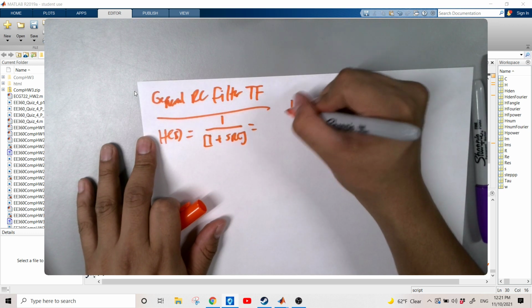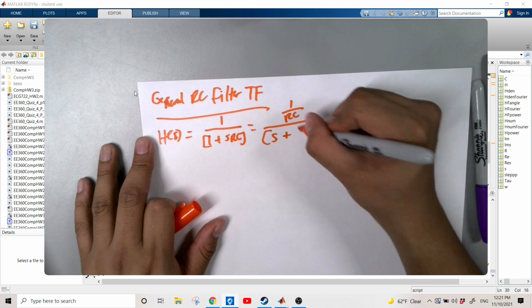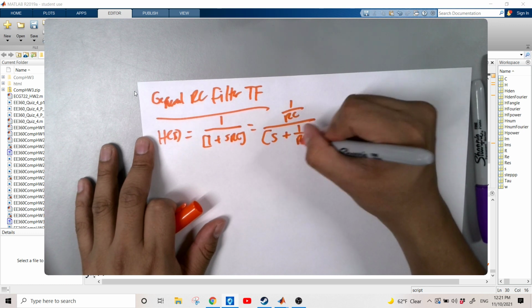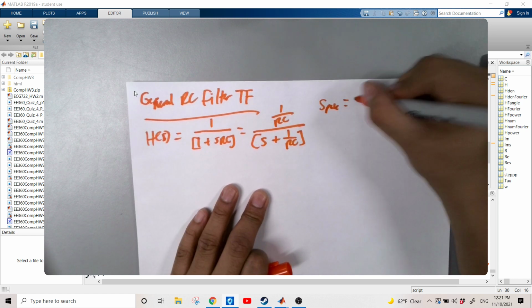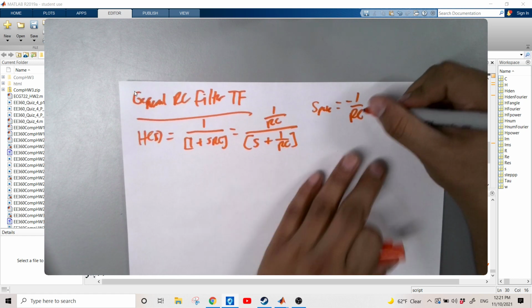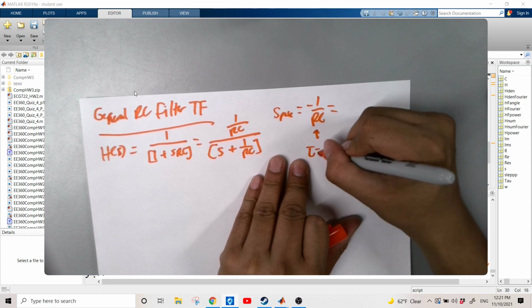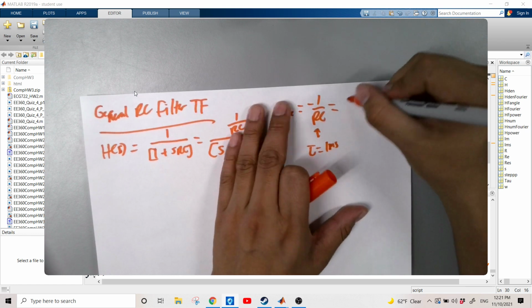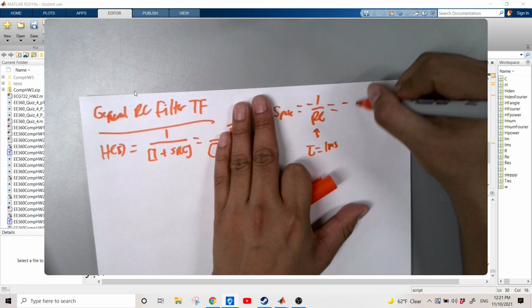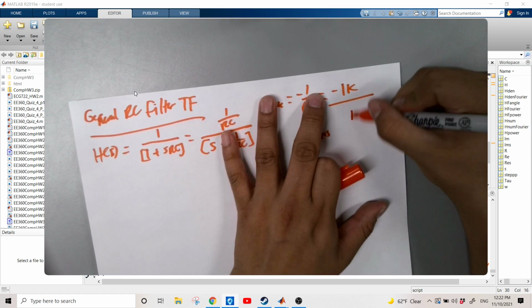Which is also equal to 1 over RC, in a form we all know, over s plus 1 over RC, where this right here is the s pole, 1 over RC. Then we realized that this is a time constant, equal to 1 millisecond, and the inverse of 1 millisecond is this 1k. Simple. That's our pole location.